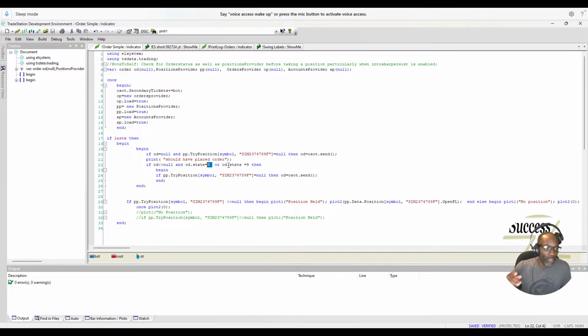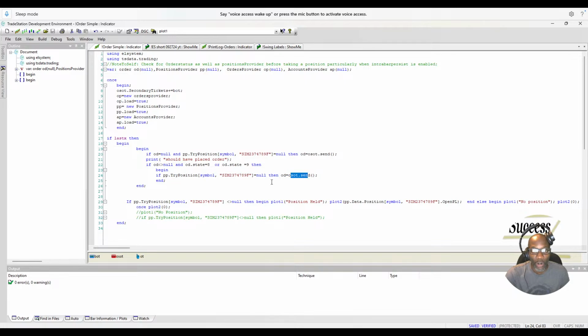So whether or not the orders have been, if you had any orders that have been canceled because the bracket order took care of it, or if you had a filled order because your actual order entry went into play. All right, so if you are in one of those states, if that's true, then you can go ahead and, again, try the position. Make sure that you don't have any current positions on, and if you don't, then go ahead and send that order.